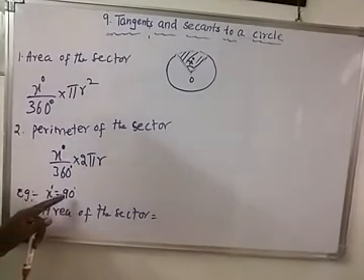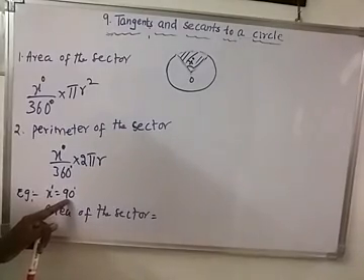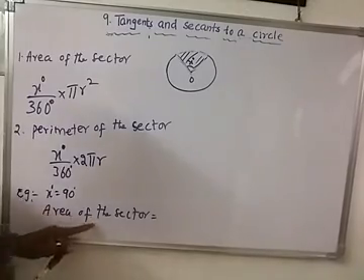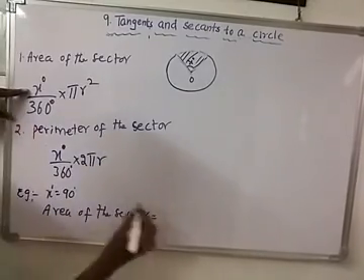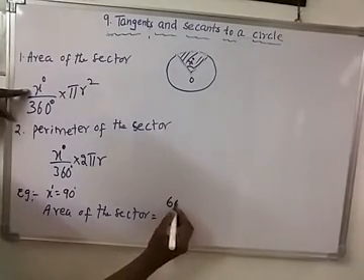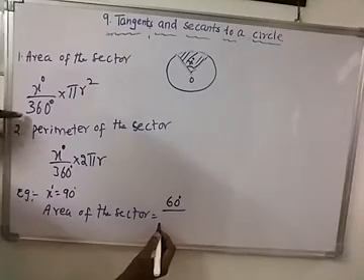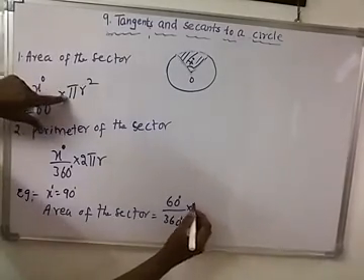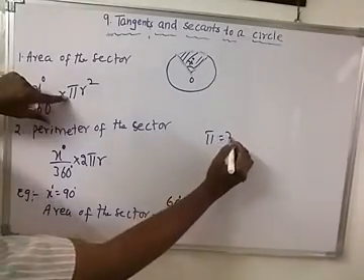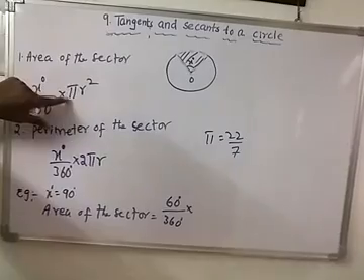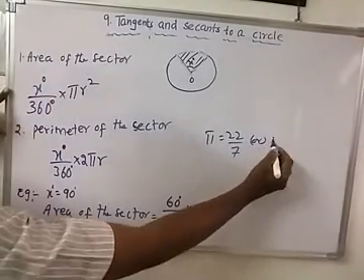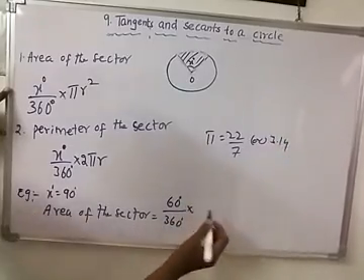For example, x degrees is equal to 60 degrees. Then what is the area of the sector? That is x degrees by 360 degrees into pi r square. x is 60 degrees by 360 degrees into pi, which is 22 by 7 or 3.14.